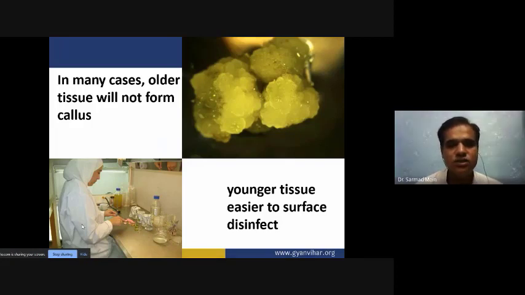These younger tissues also give an easy response during surface sterilization, and when we transfer these tissues to the media, they respond very well to the artificial condition.